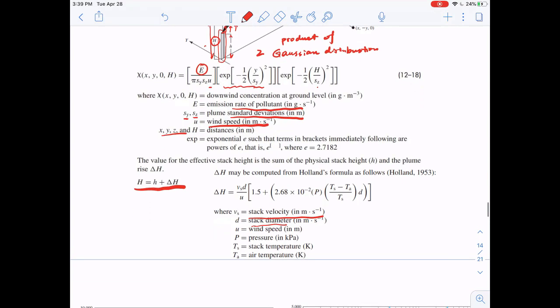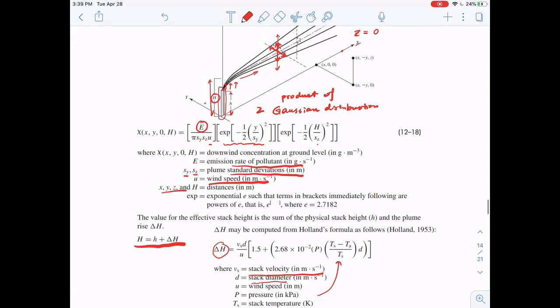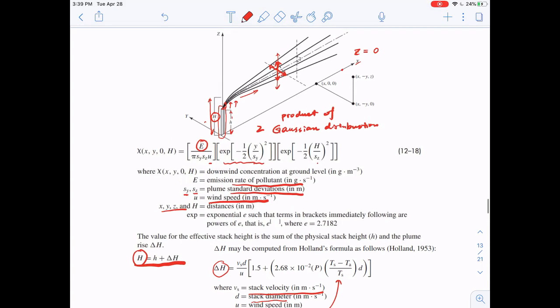The pressure, temperature of the stack, the flue gas, and also the air temperature. So after we plug in all of these parameters, we can calculate the delta h. After we have the delta h, we can add that to the height of the actual stack to get this effective height, okay? So once we have this effective height and all of the other parameters, then we can calculate whatever concentration of the air pollutant at any location you want, okay?